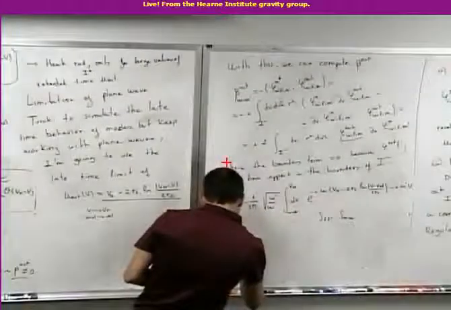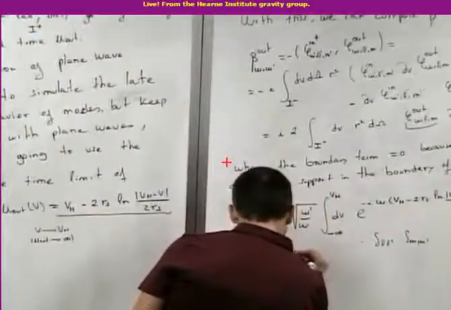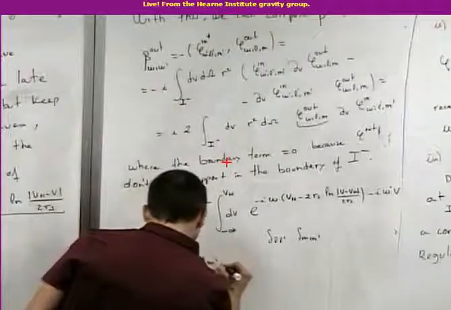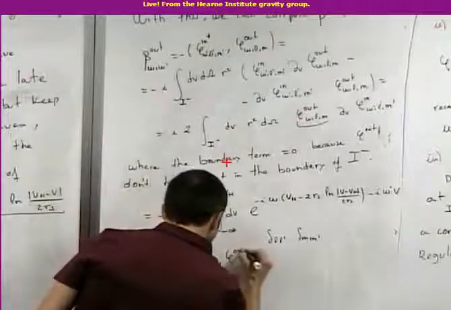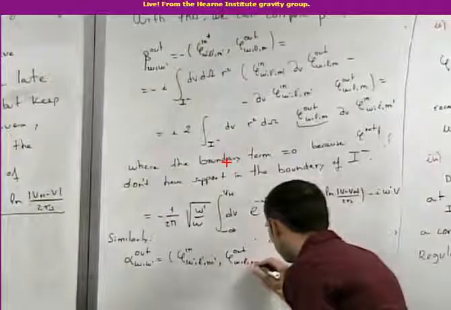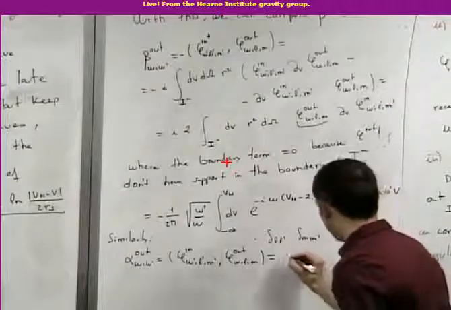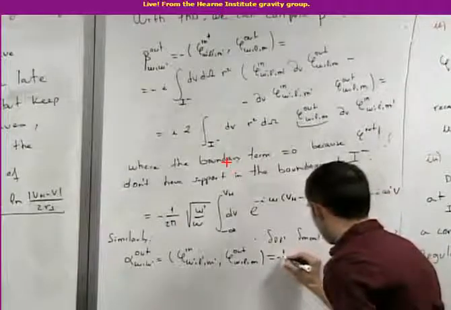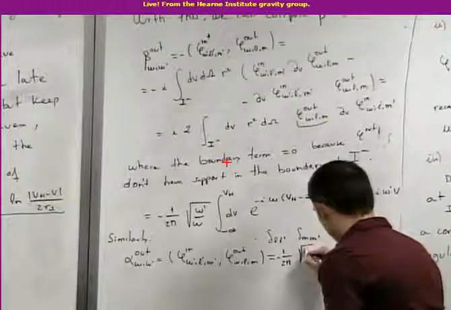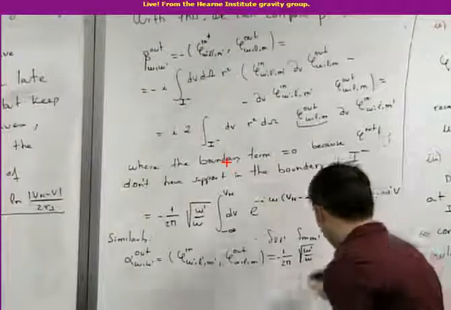Okay. The alpha coefficients are given by the corresponding inner product. They are given by this expression: minus 1 over the square root of 2 pi, omega prime divided by omega, and now an integral that I will write here.